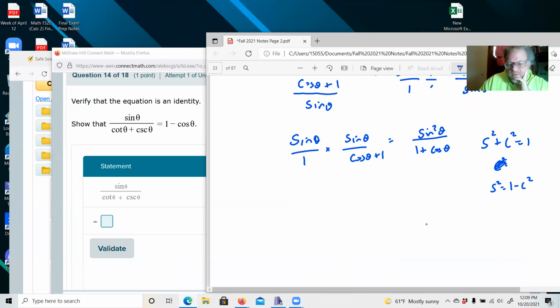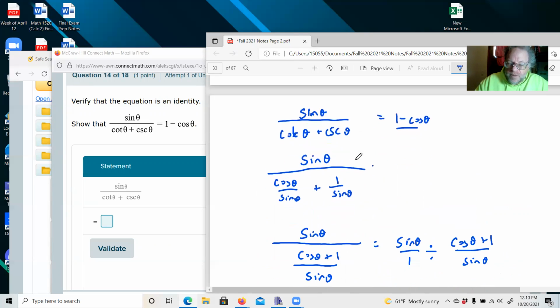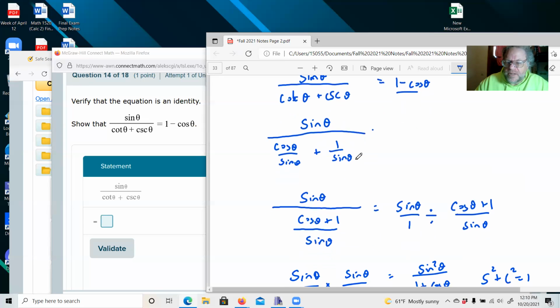So this is 1 minus cosine squared theta over 1 plus cosine theta, which is 1 minus cosine theta times 1 plus cosine theta, divided by 1 plus cosine theta. Those cancel, and we end up with 1 minus cosine theta, which is what we were supposed to look for.